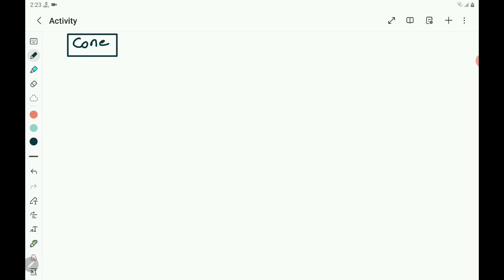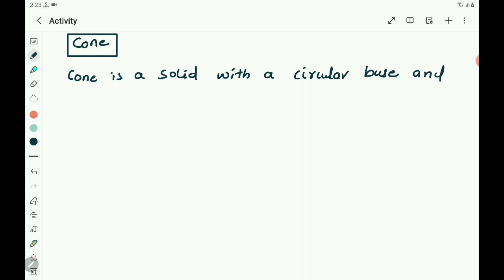Cone is a solid with a circular base and curved lateral surface pointing towards the top.